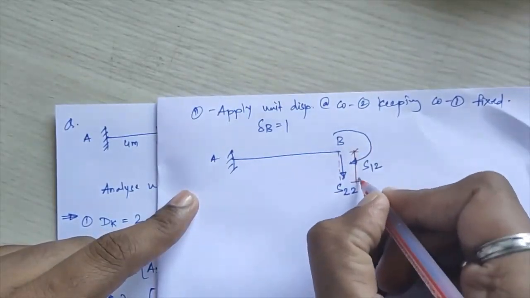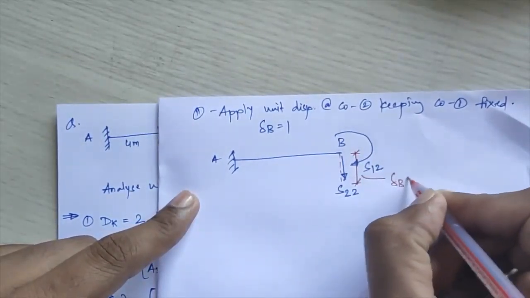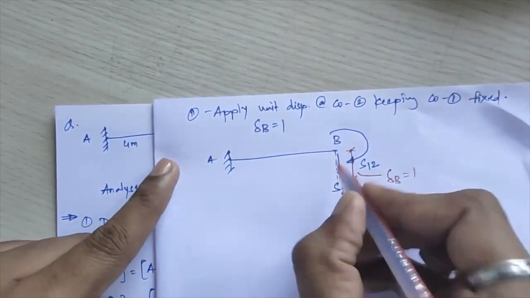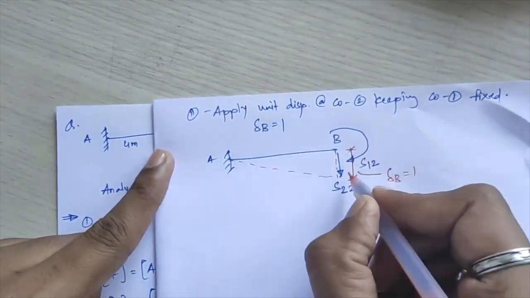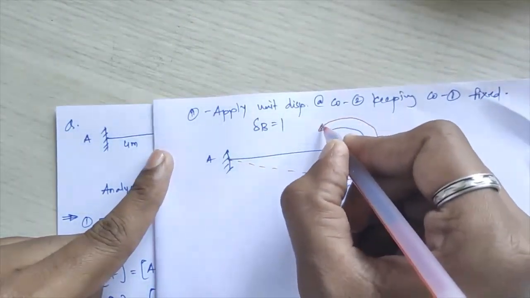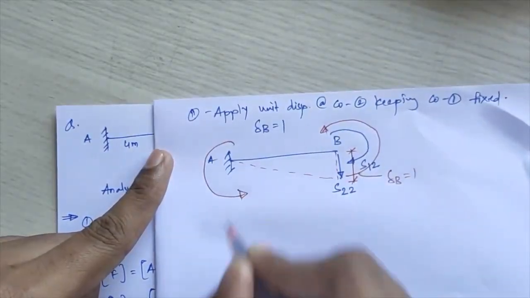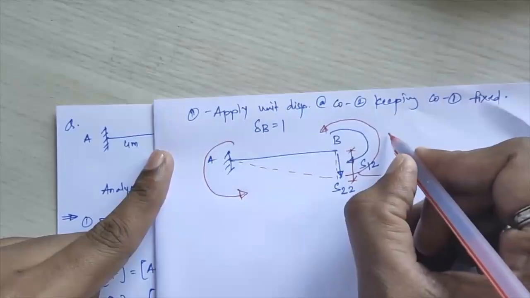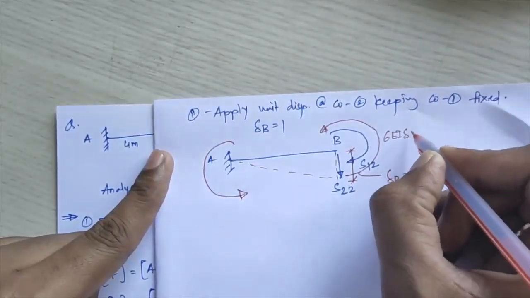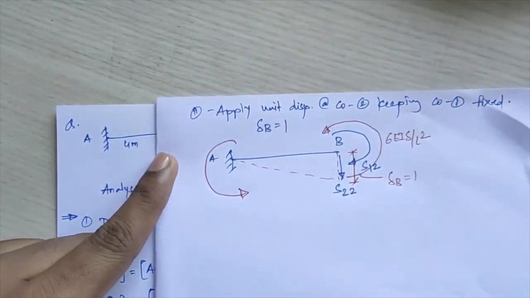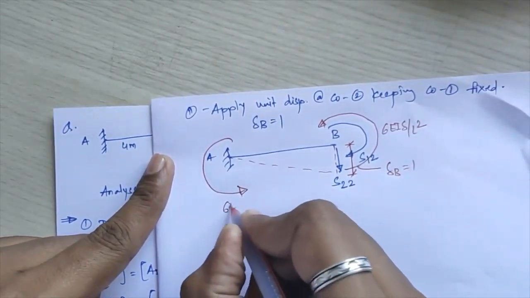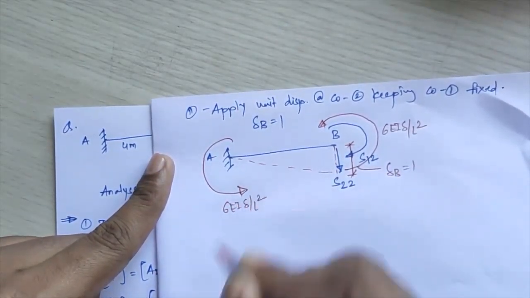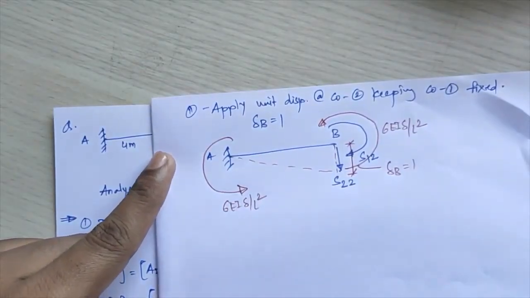Suppose this is my delta value, delta B, I am applying here 1. Due to this delta B, the deflection pattern will be in downward direction, which will subject anti-clockwise translational rotations of intensity 6EI delta upon L square for this, and in the same way here also 6EI delta upon L square, right?